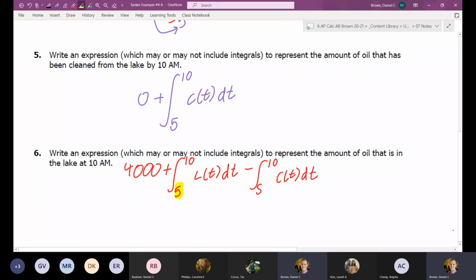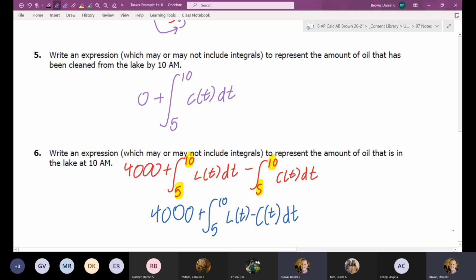Since both of these are integrals going from 5 to 10, you can write it as a single integral, and that just makes it look a little bit cleaner. So I have that 4,000 plus the integral from 5 to 10 of L(t) minus C(t) dt. But of course, either of those answers would be fine.